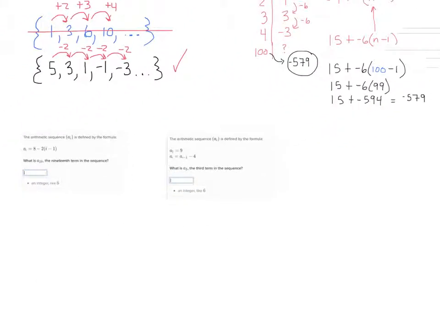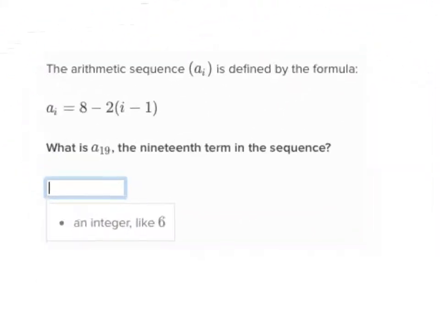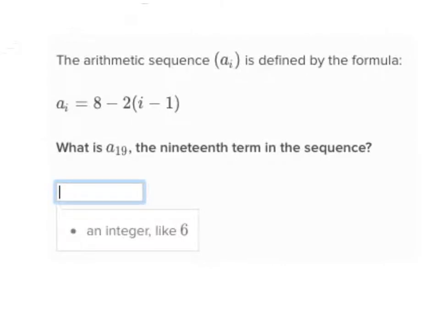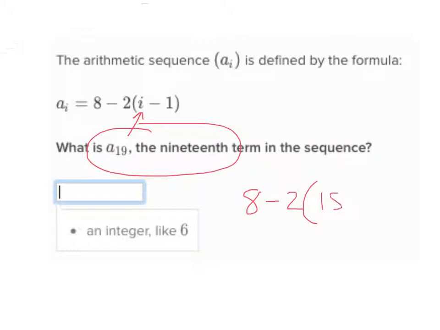Okay, so I want you to do this one right here. Now this one's written a little different, isn't it? So here they want the what term? So all I have to do is put 19 right there where I is. So the 19th term will be 8 minus 2 times 19 minus 1, which is 18.